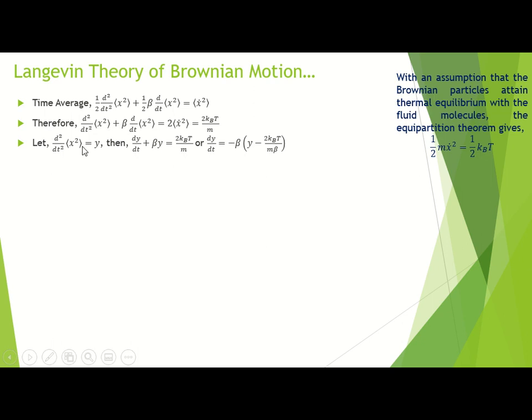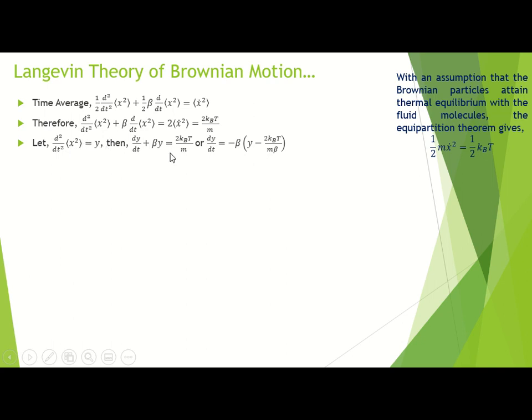I think there is a mistake here. So d by dt of x square average is equal to y, and therefore this quantity, the second derivative of x square average, is dy by dt. So it should be dy by dt of x square average equal to y.